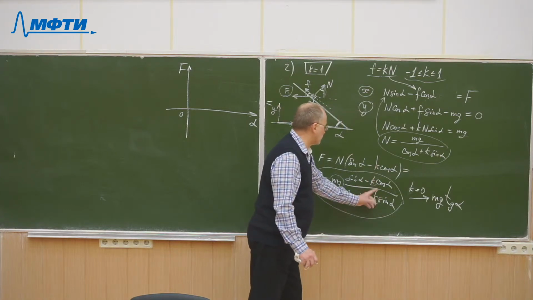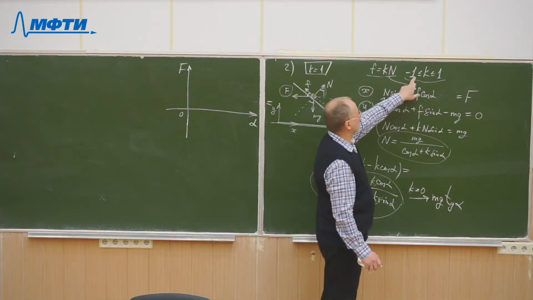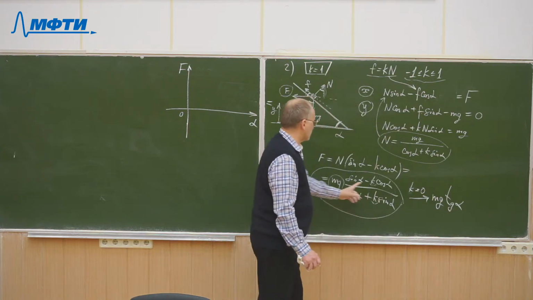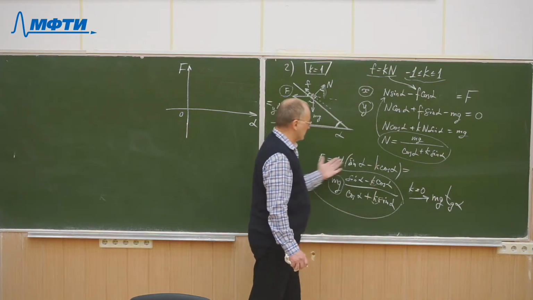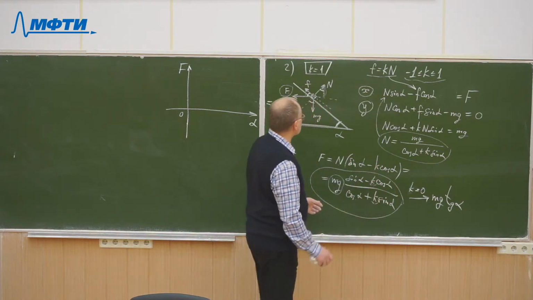But the coefficient of friction can also be negative. We already discussed this possibility. The coefficient of friction may be equal to -1. If you substitute -1 here, we will obtain the formula for a negative coefficient of friction.